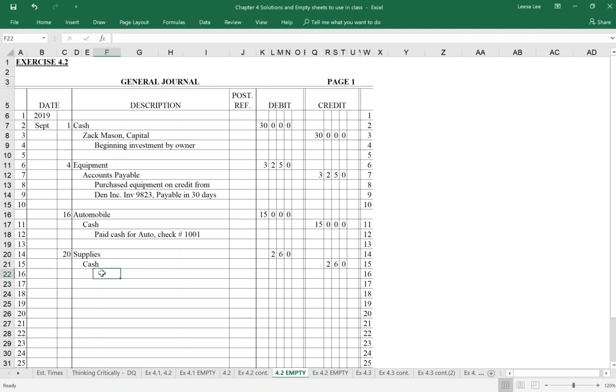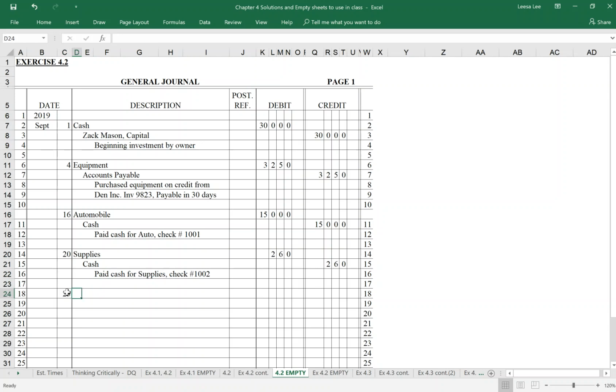Our notation: paid cash for supplies. Check number 1002. Okay, skip a line.